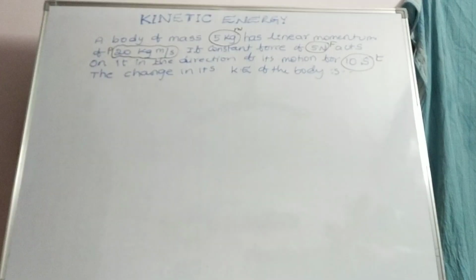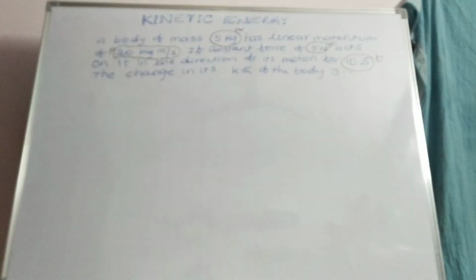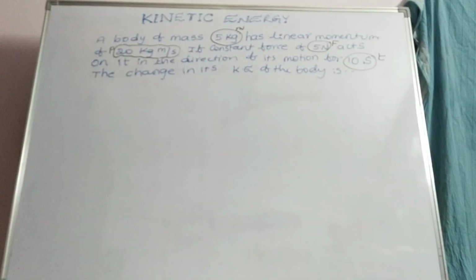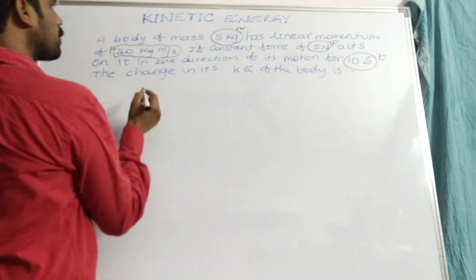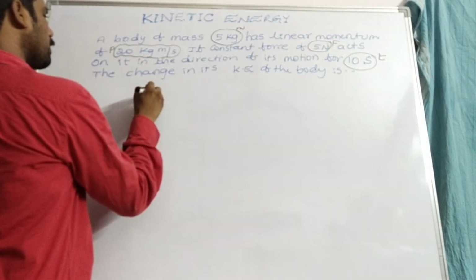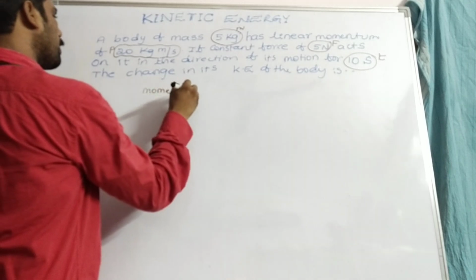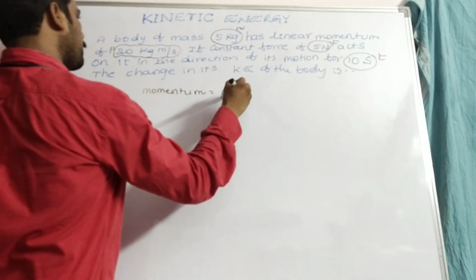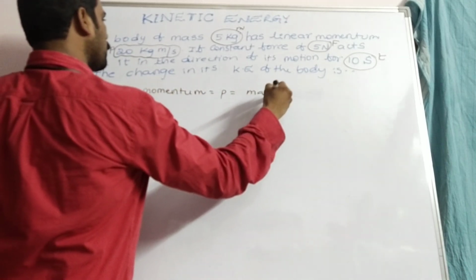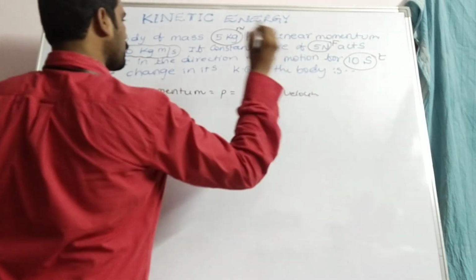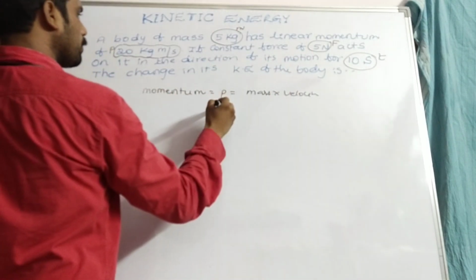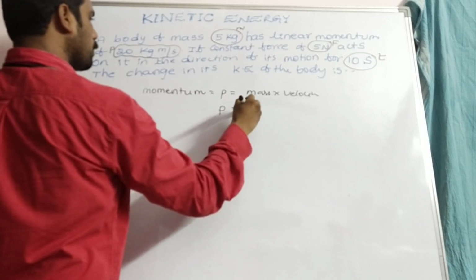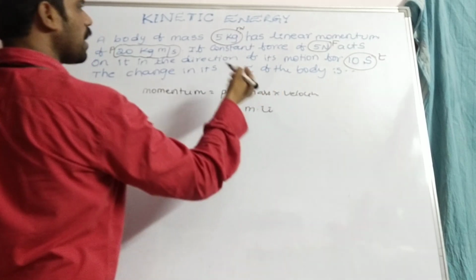Here the mass of the body is 5 kg, and the momentum is given as 20 kg meter per second. The momentum P is equal to mass into initial velocity, P equals m into u, where u is the initial velocity.